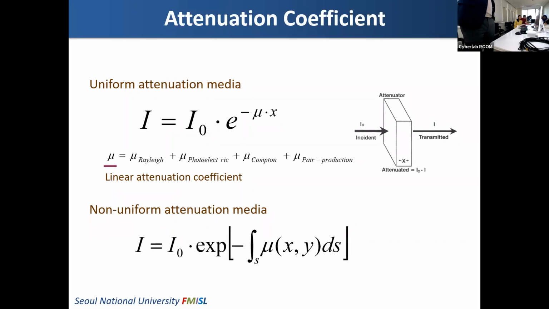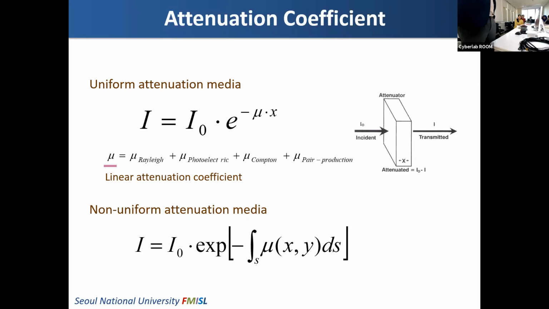In this equation, I0 is the flux of incident radiation, and I is the transmitted flux, and an exponential decay is involved in this attenuation. Mu is the linear attenuation coefficient, and x is the thickness.